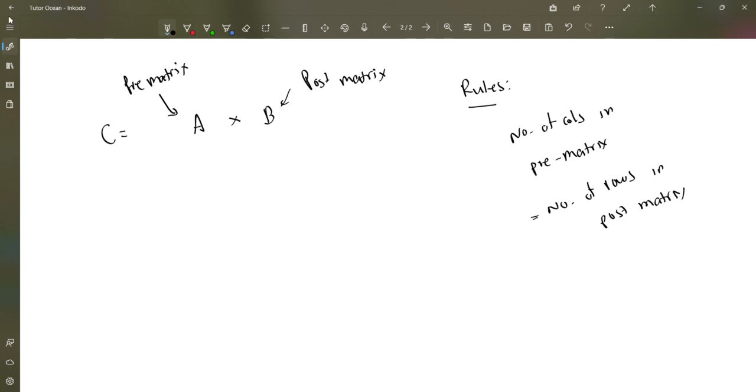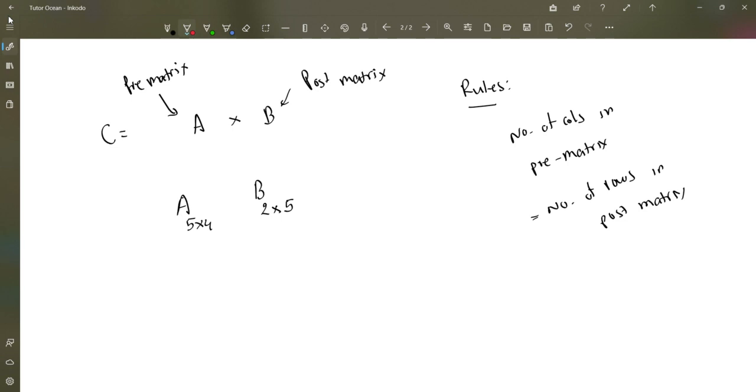So let us suppose that A has a dimension of 5 into 4 and B has a dimension of 2 into 5. Okay, so let's look. What's the number of columns in the pre-matrix?